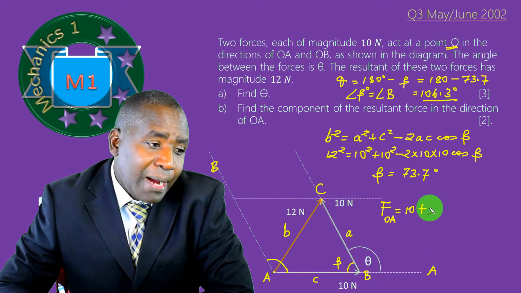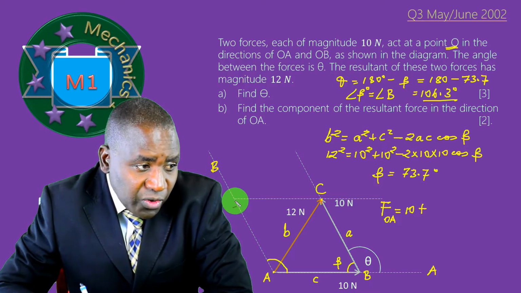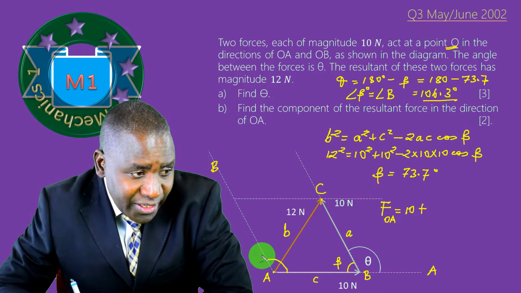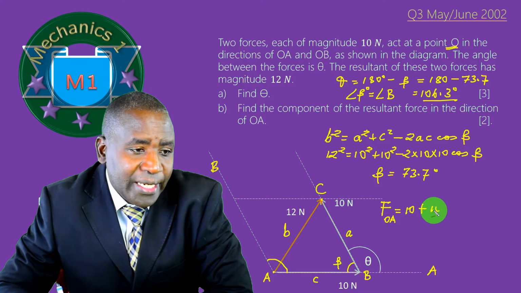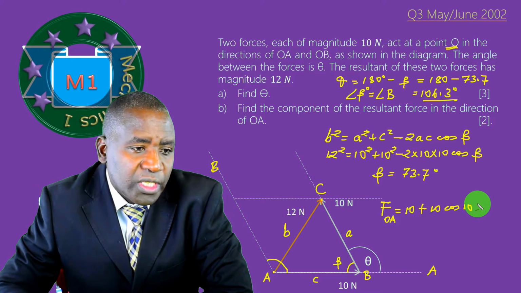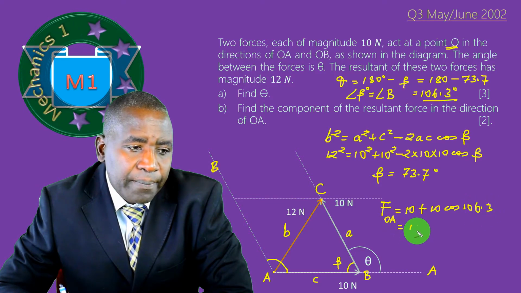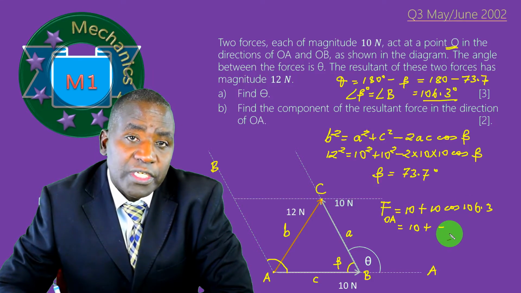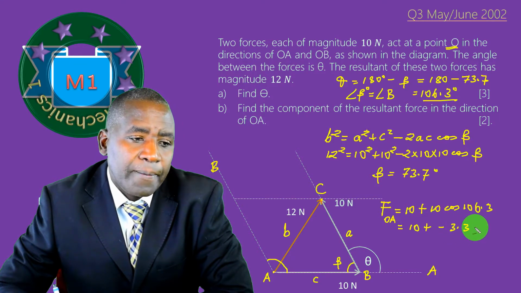And then I'm going to resolve this 10 newtons here because it was originally here. I'm going to do that 10 newtons cos of this angle. So I'm going to add 10 cos of 106.3. And this will be 10 plus, this will have a negative sign because this angle is obviously greater than 90 degrees and it has a value of 3.3.